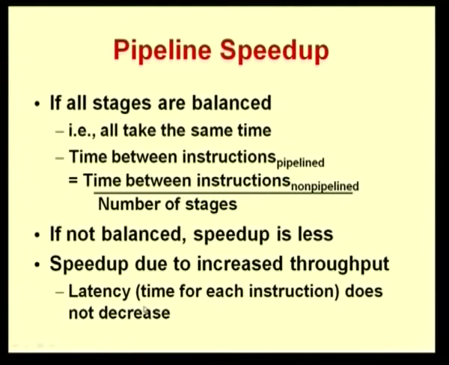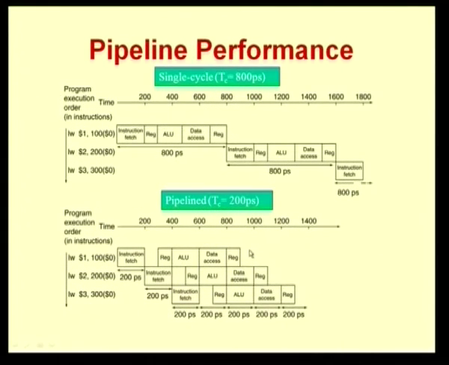That is the kind of speed up that we expect once we do this pipelining. What we of course need to remember is the latency, or the time for each instruction, does not decrease. As we saw here, each instruction will still take those 900,000 picoseconds to execute. Only the overall time taken will be reduced because we are overlapping the execution.